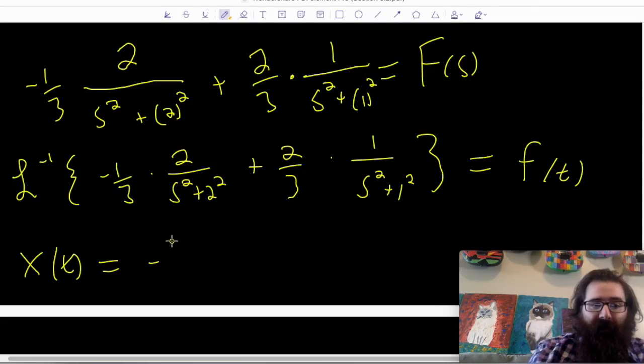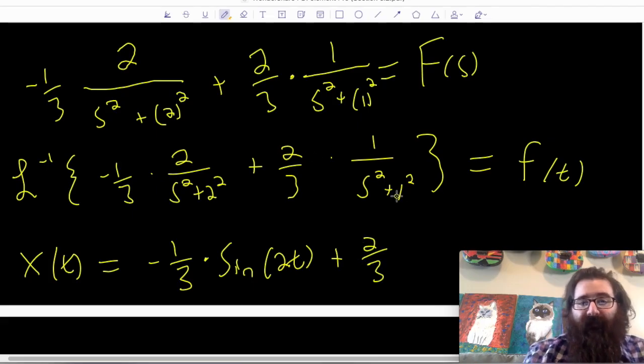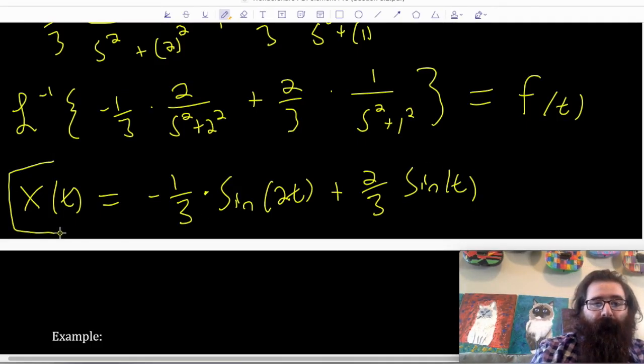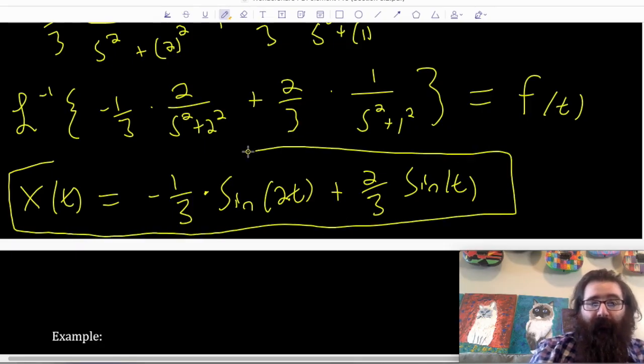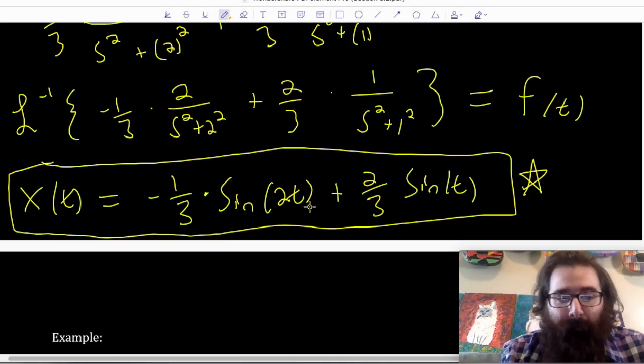But this gives me negative 1/3 times, this is sine of 2t, notice a is 2, sine of 2t, plus 2/3 times, and this is sine of 1t, or just sine of t. And there we have our particular solution, solved using those Laplace transformation identities.